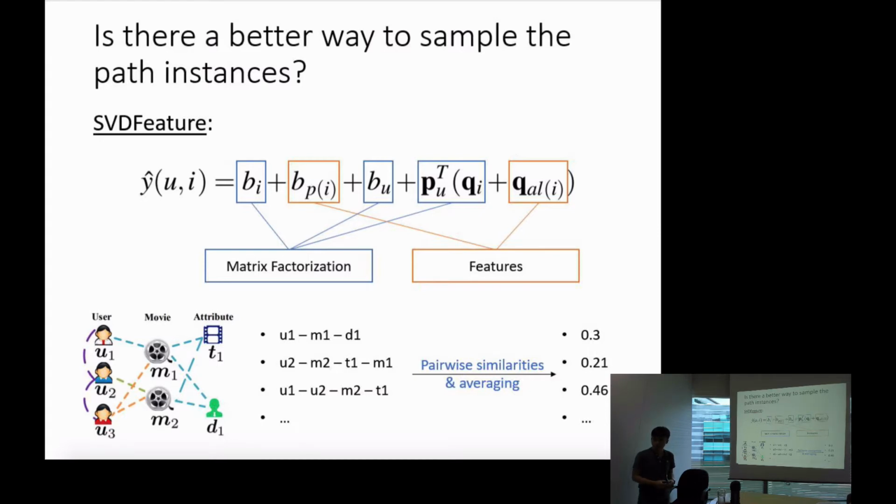But what are the features then? The actor of a movie is one type of feature, the director of the movie is one type of feature, the attribute of the movie is another type of feature. So it's just the indirection. This one is just direct. It's basically the bilinear multiplication between the user feature and the sum of the other features.